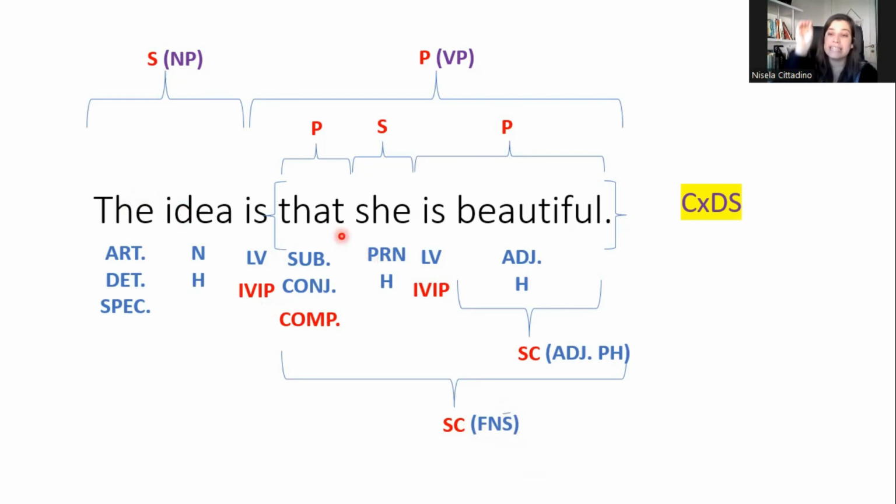Now let us get inside the clause. This is as if you would be analyzing a different sentence inside the sentence. That we are always going to mark as a subordinating conjunction. Remember when we talked about compound sentences and we said that and, but, or were coordinating conjunctions, whereas that in this case is a subordinated conjunction.